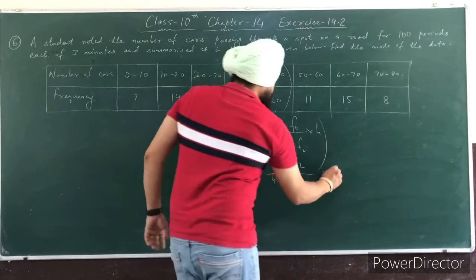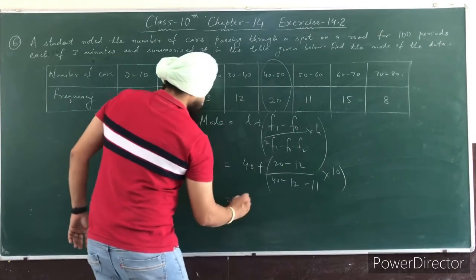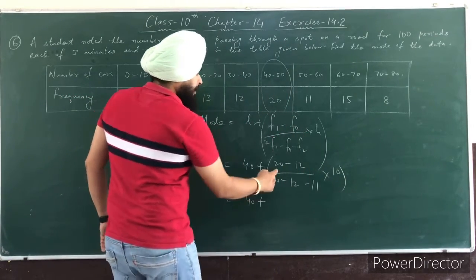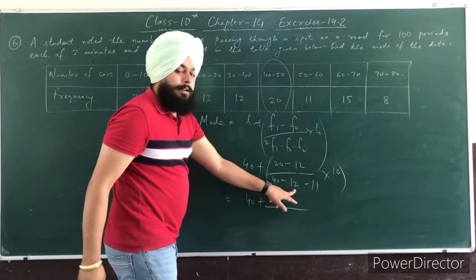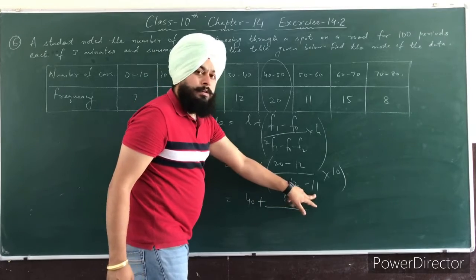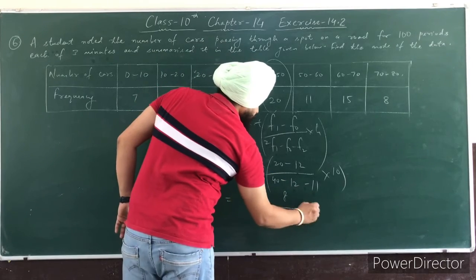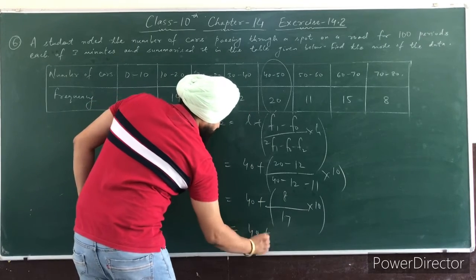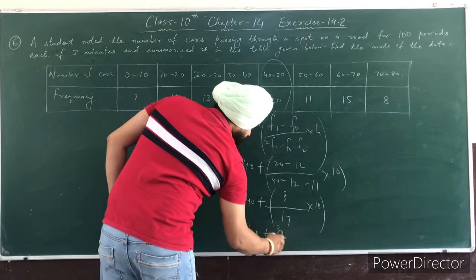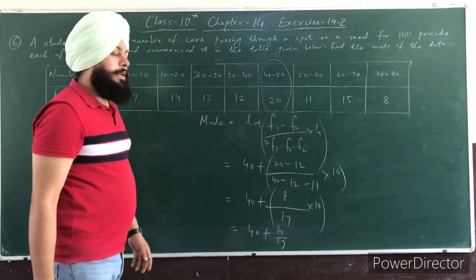It is 40 plus 20 minus 12 is 8. 40 minus 12, 28. 28 minus 11, 17 into 10. Now it is 40 plus 8 tens are 80 divided by 17.